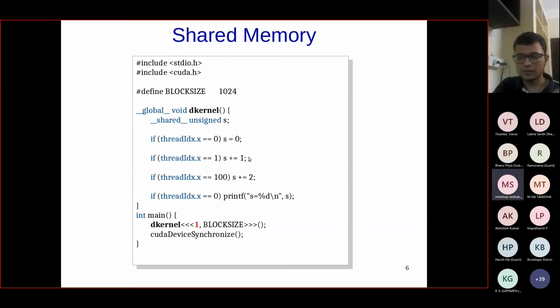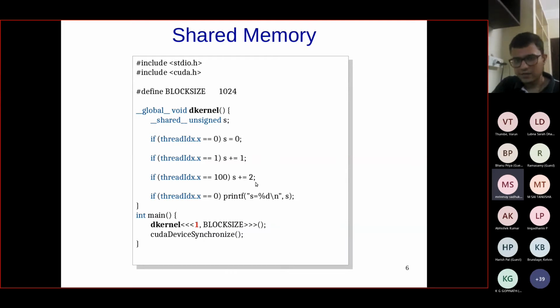Either of the two will be writing finally to the variable s. So s can either take value 1 or 2, because this addition of 1 or 2 is happening here.